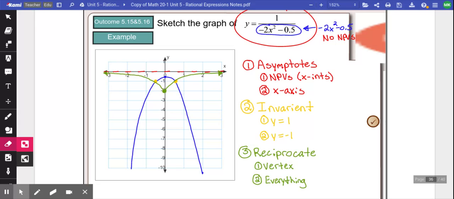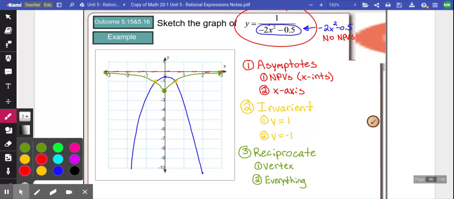If you want to see why that shape happens, you could move other points. So for instance, take a point like that right there. That point has a y value of -3. If you reciprocated -3, it is -1/3. So this point should get smaller and go down to here at y equals -1/3.